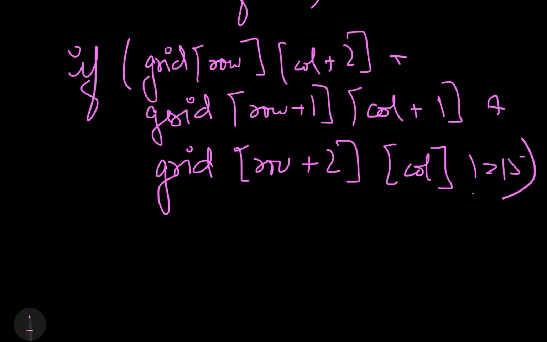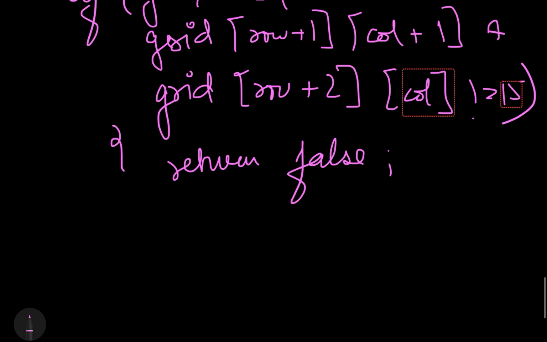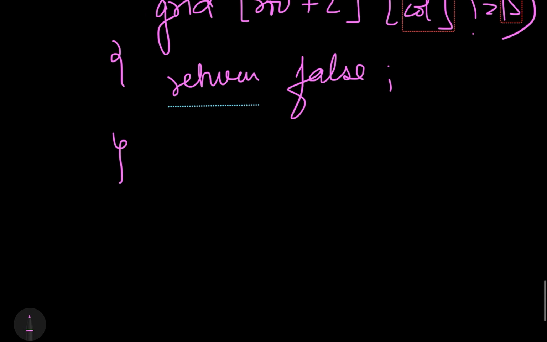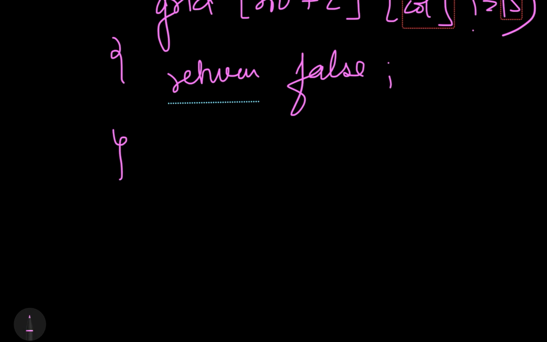If this sum is not equal to 15, then also we can simply return false and say it is not our 3 cross 3 magic grid. Okay, so our next check was whether all the elements are distinct or not.